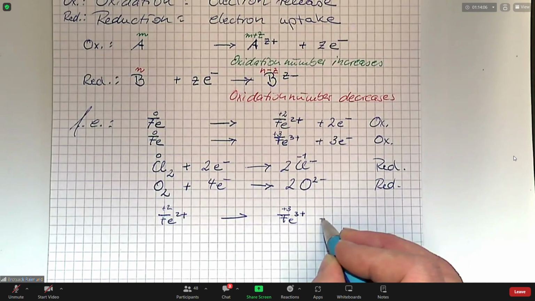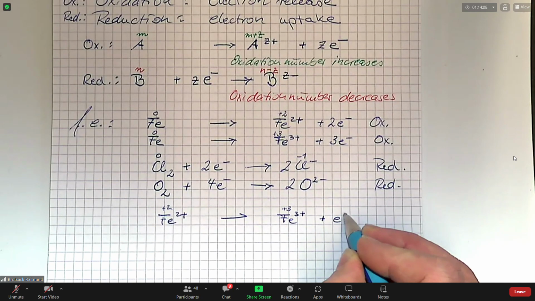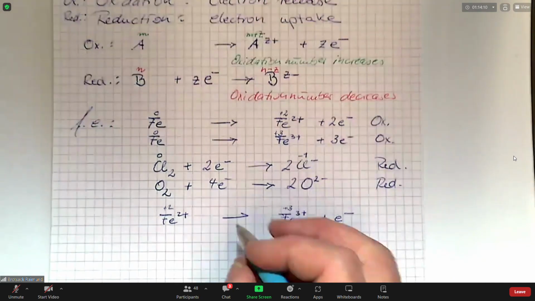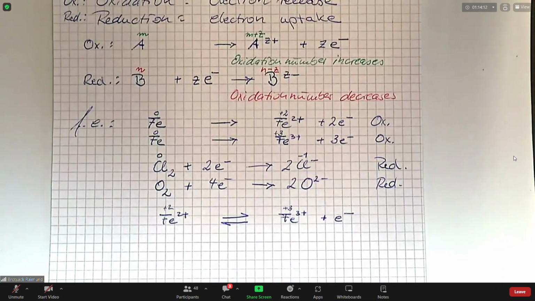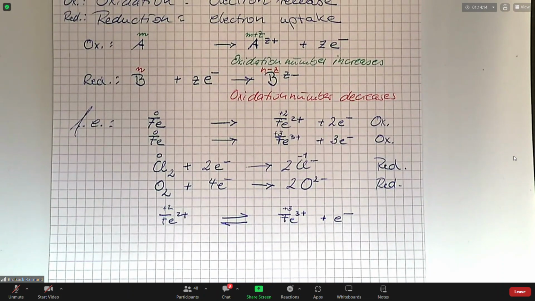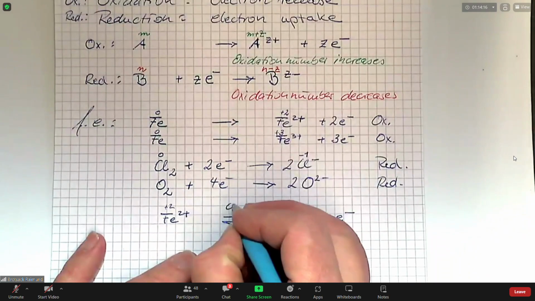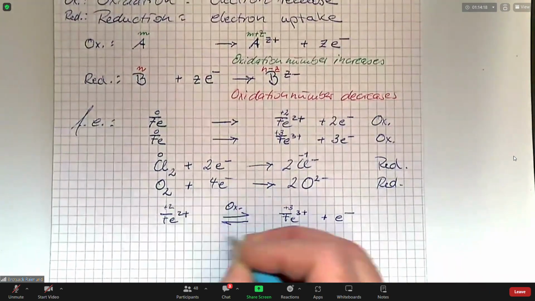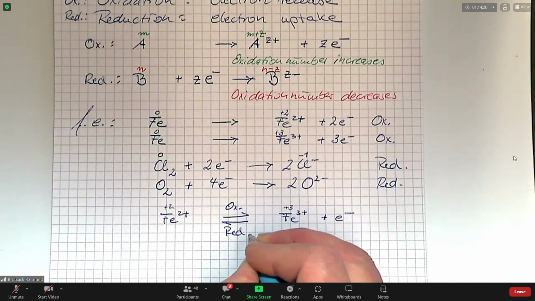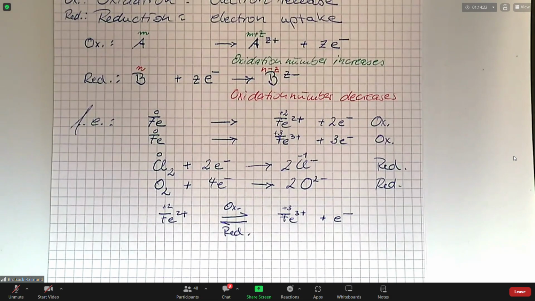It's an oxidation, so 1 electron is released. If we read it backwards, it's a reduction. So from the left to the right, it's an oxidation, and from the right to the left, it's a reduction. So the system can be in balance, with both directions possible.